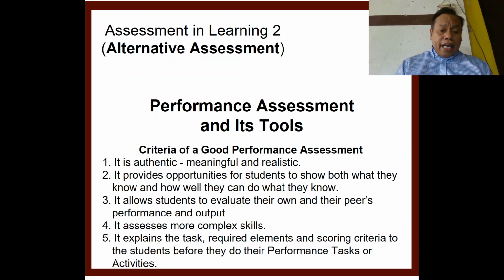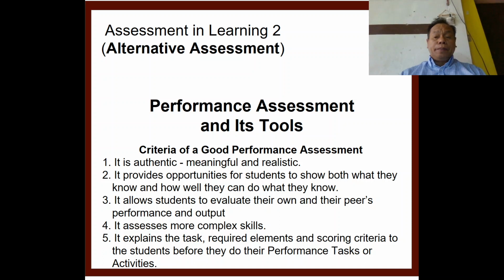So, what are the criteria of a good performance assessment? First, it must be authentic or meaningful and close to reality. Second, it provides opportunities for students to show both what they know and how well they can do what they know. It allows students to evaluate their own and their peers' performance and output.